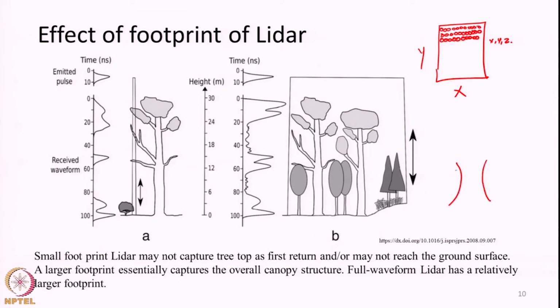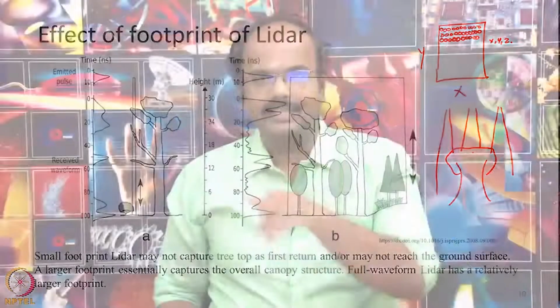So, even if there is a large tree, that will be captured properly within that 1 meter footprint. Say the tree may be standing like this, a footprint may be falling within a tree here and the next footprint may be falling like this and the next like this and so on. So, the single tree is captured in multiple footprints, which may help us capture the terrain properly. That is what we naturally think.